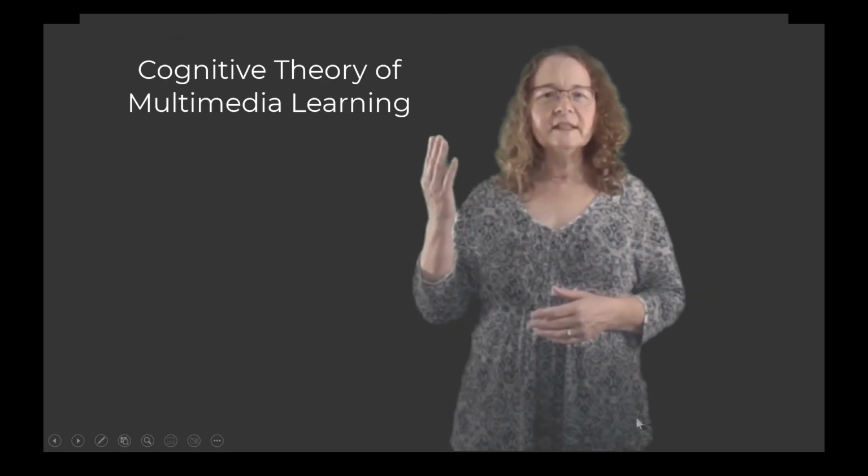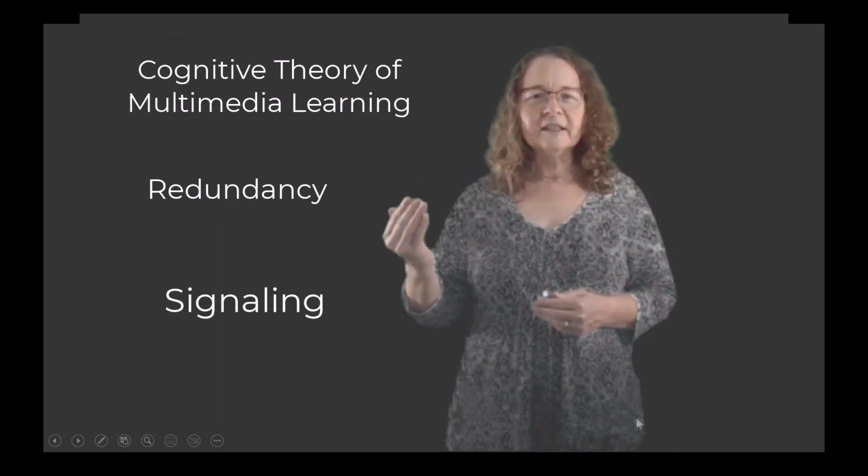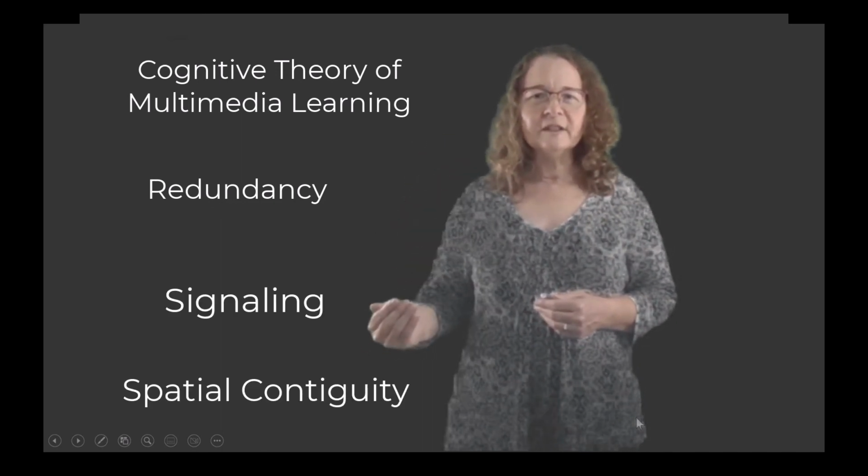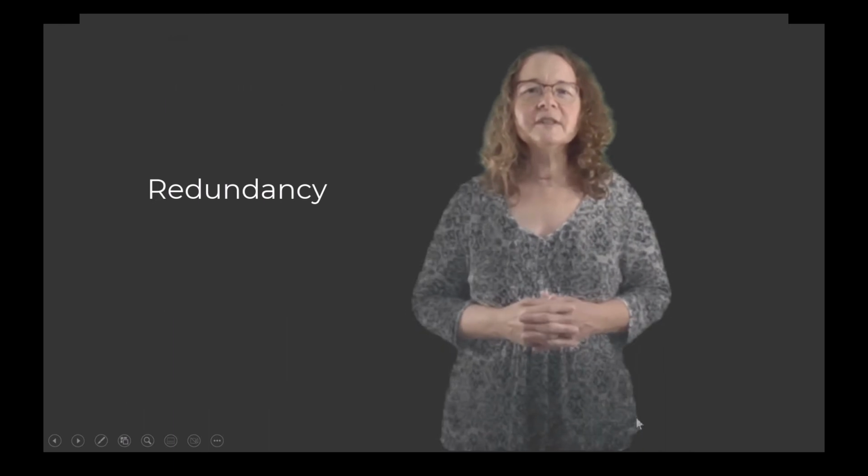Three principles then that were in cognitive learning are also in the theory of multimedia learning: redundancy and signaling and spatial contiguity. So if we talk about redundancy first, if we're going to use the words and the symbols and show pictures of the same thing over and over, it's too much for people to integrate and remember.